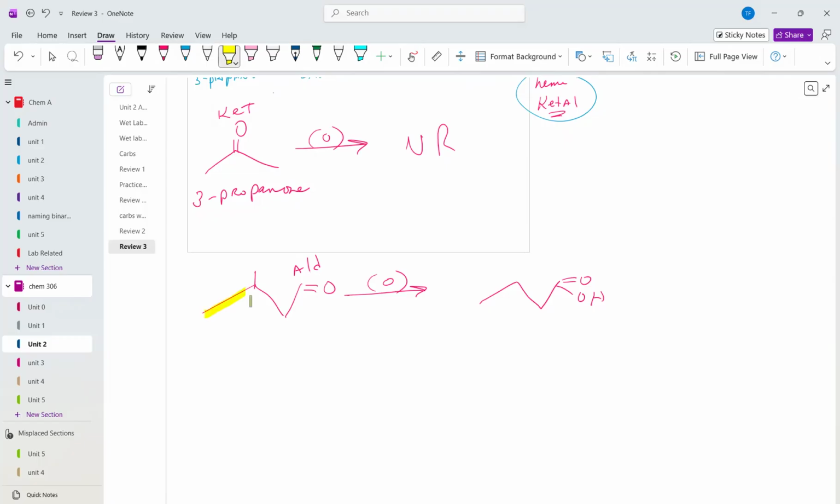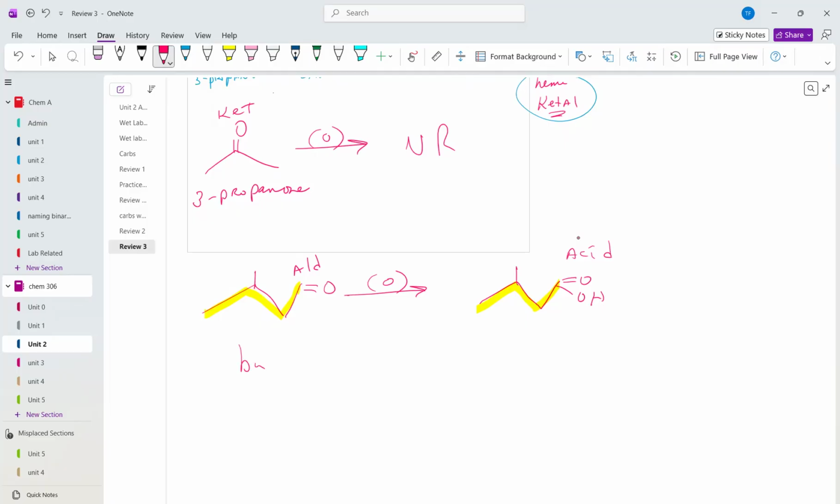Okay, so let's look at this guy here. We've got 1, 2, 3, 4. And this goes to the acid. You don't have to name acids because that's unit 3, which I've done 2 lectures on already. I did those last week for videos. So we've got a 4-carbon aldehyde.